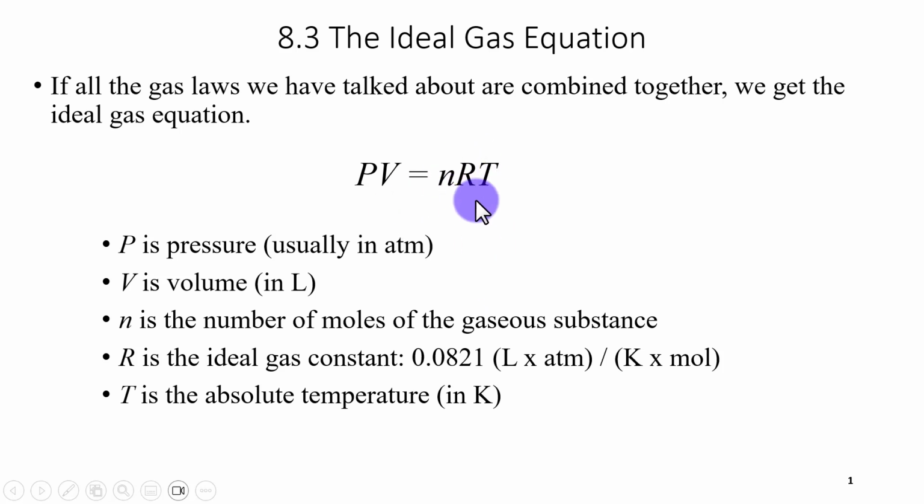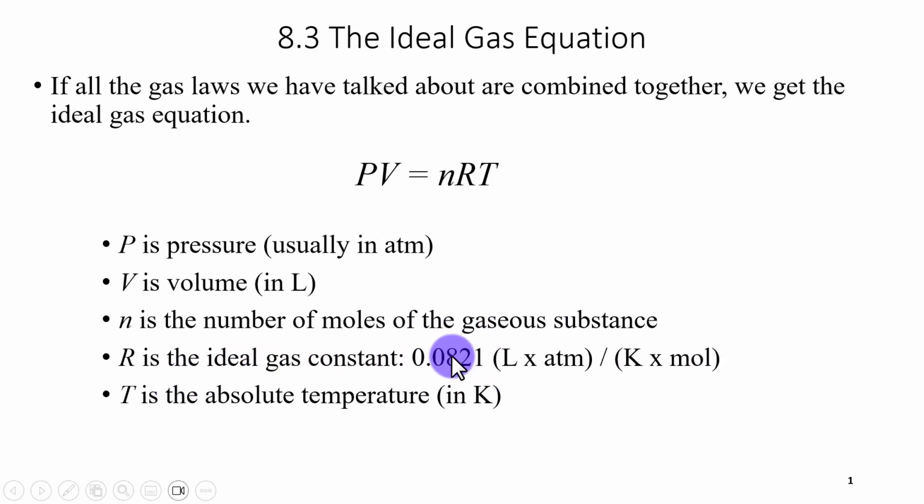You can have that expressed in atmosphere or millimeters of mercury, but typically the pressure is expressed in atmosphere. V is the volume in liters, not milliliters, but liters. N is the number of moles. T, of course, is the absolute temperature in Kelvin. And R is the ideal gas constant.